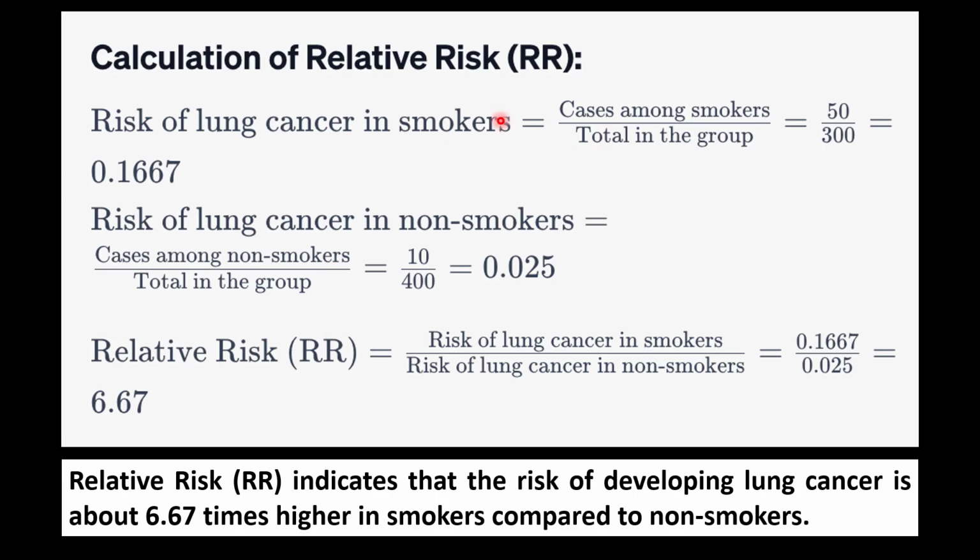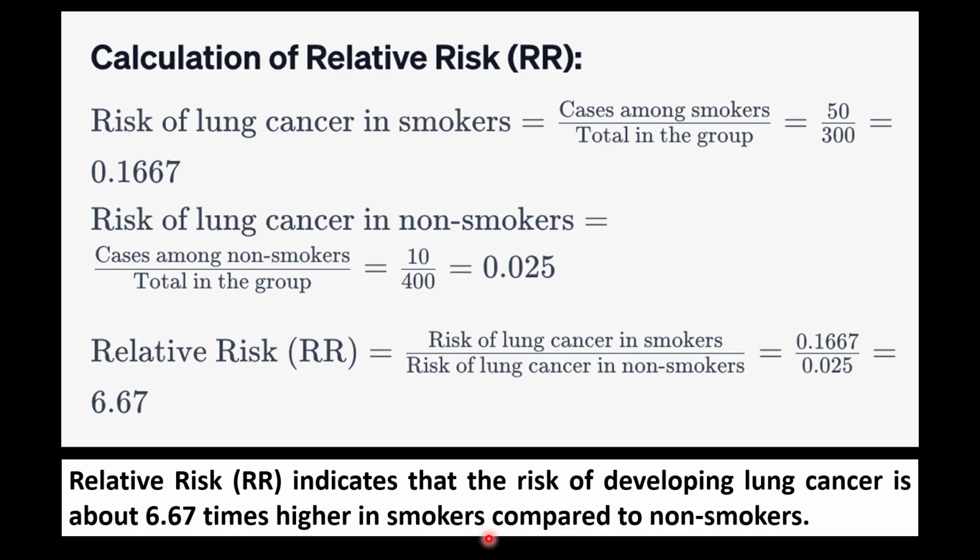If I calculate the risk and get a relative risk of 6.6, it indicates that the risk of developing lung cancer is about 6.6 times higher in a smoker compared to a non-smoker. If you look at the interpretation, it seems the same. So the difference is mathematical, but the interpretation or the meaning is nearly the same.